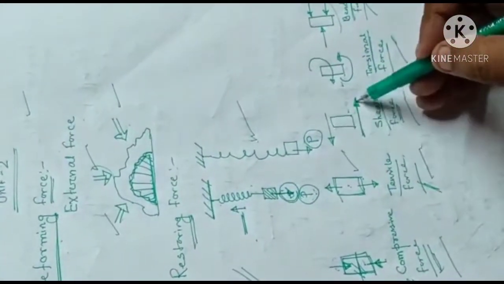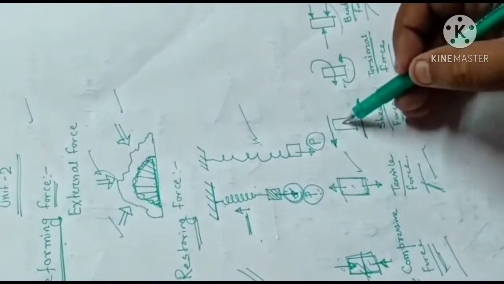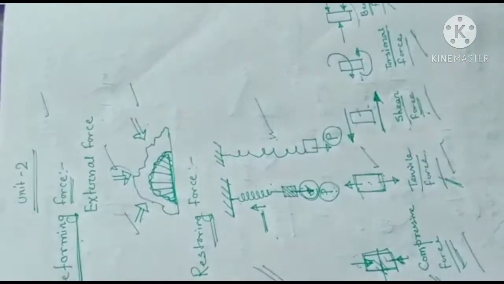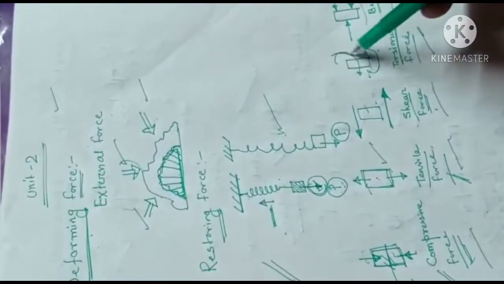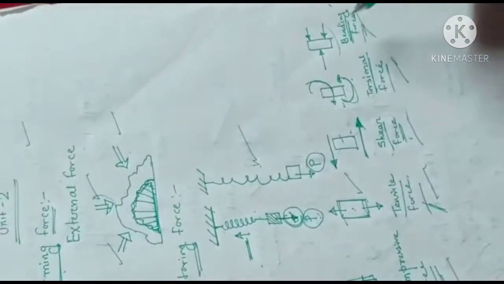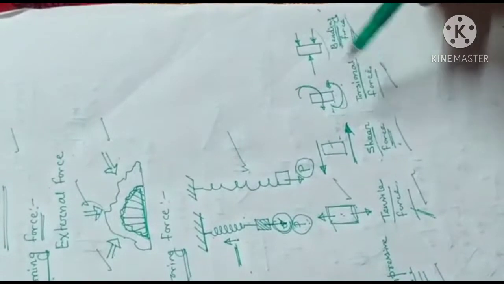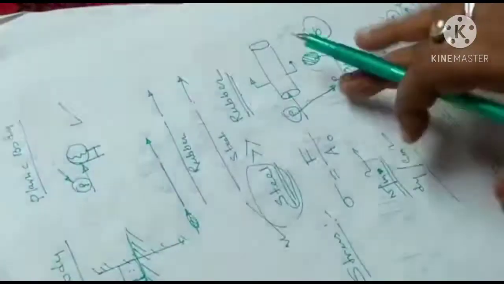When the forces are applied in this direction as well as in this direction on a body it is shear force. In case of torsional force you can see there is a clockwise moment and there is an anti-clockwise moment. In case of bending you can see there is a force which tends to bend a material, that is known as bending force.